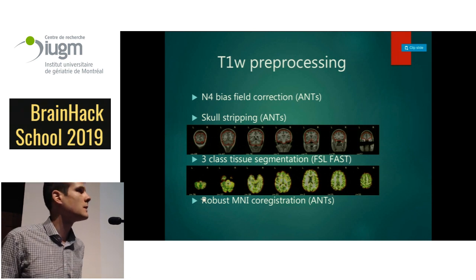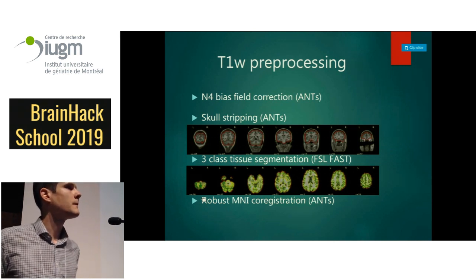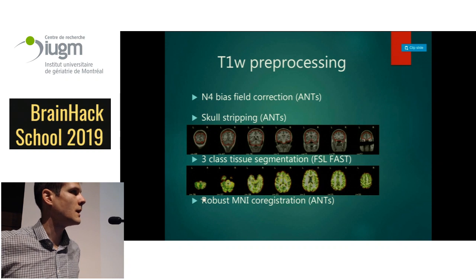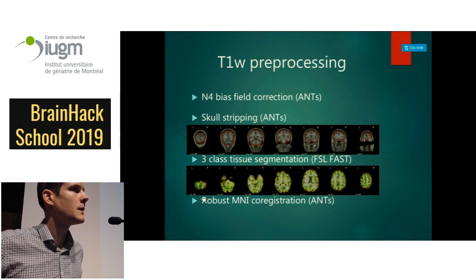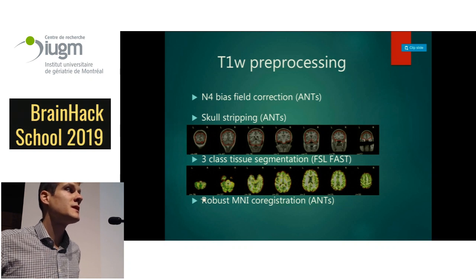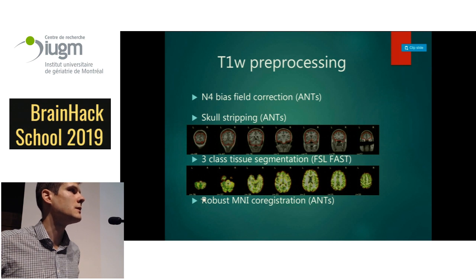Say you scan the same person multiple times. Do you take the same T1 for that person? Well, you have the choice. If you're interested in measuring changes in anatomical features, you would acquire multiple T1s. But in general, for fMRI studies, you would acquire just one T1 and then align everything to that T1.